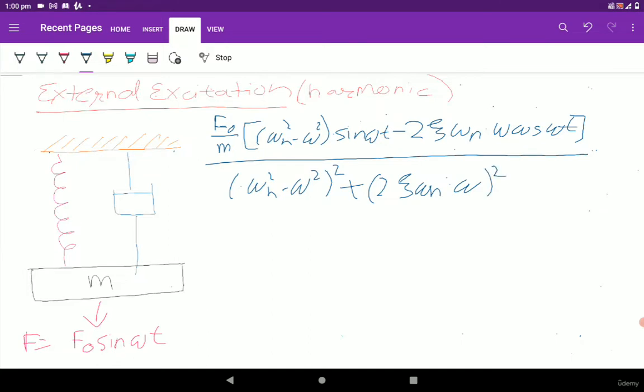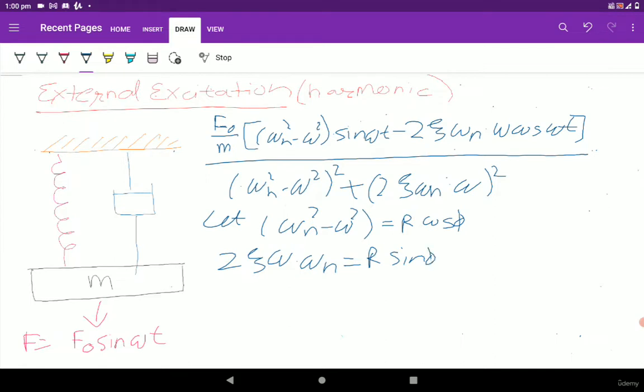So let omega n square minus omega square be equal to r cos phi, and 2 zeta omega dot omega n be equal to r sin phi. So we are going to get r square is equal to omega n square minus omega square whole square plus 2 zeta omega dot omega n whole square.